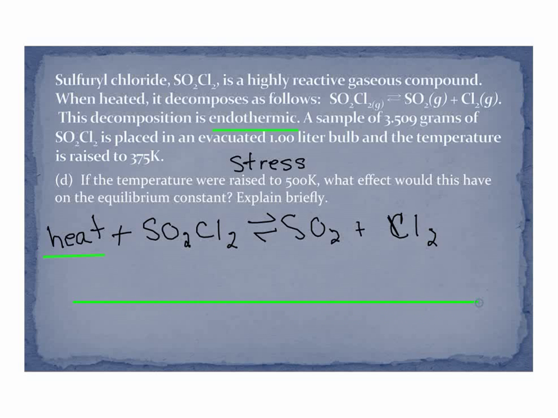Now, you can actually use your little pencil trick to make sure you get the right answer. So there's equilibrium. I'm increasing my reactant. I'm adding heat, and heat's a reactant here. Now the question is, which way is it going to shift? Well, it's going to shift to make more product and consume reactant.